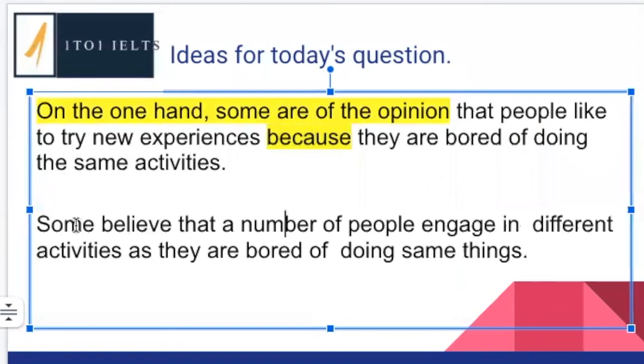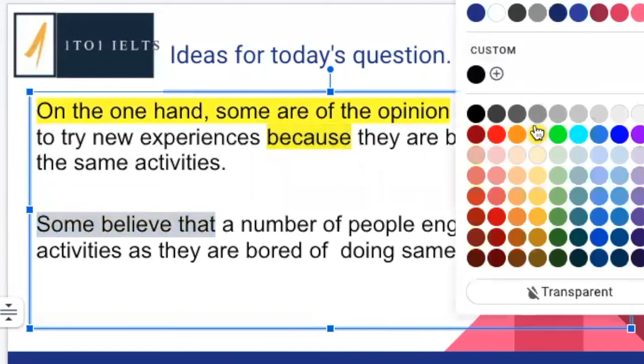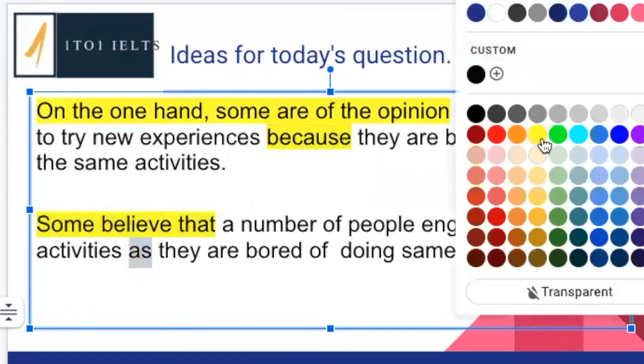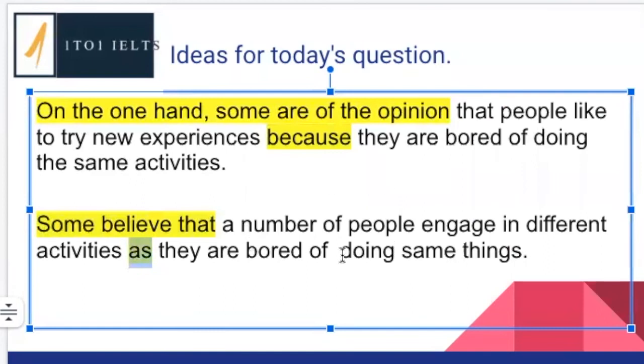So here we've got some beliefs, so this is good again, that a number of people engage in different activities. So again, this also works like this. As they're bored of doing same things.